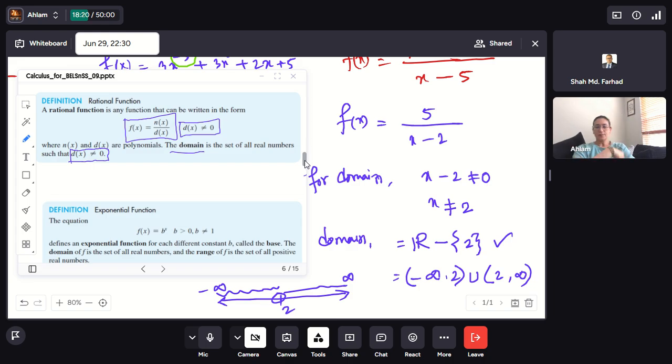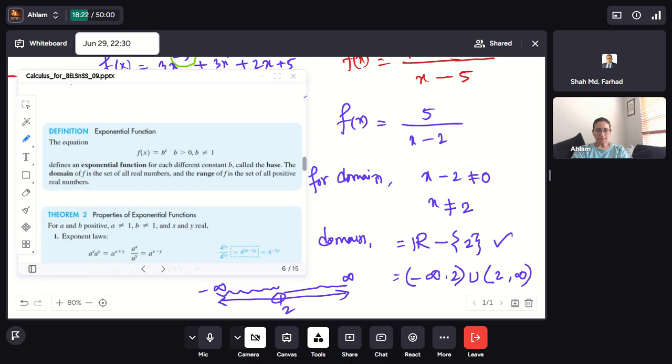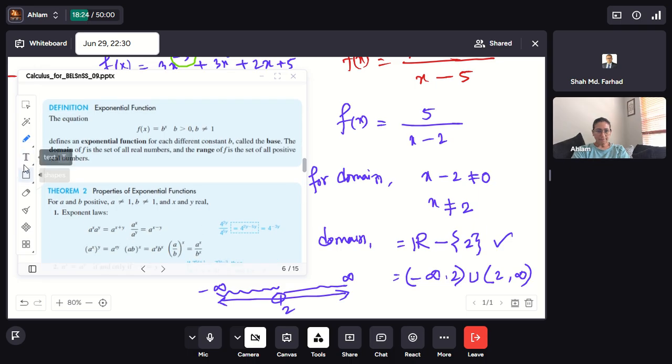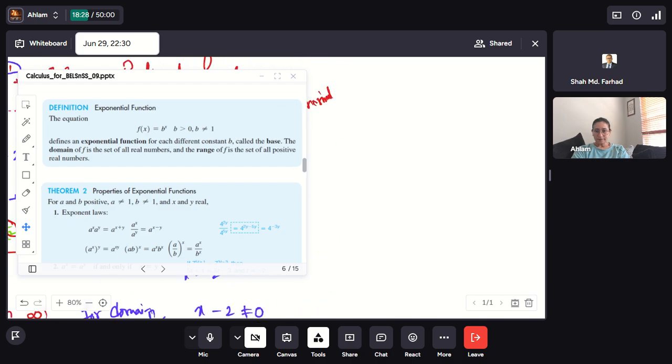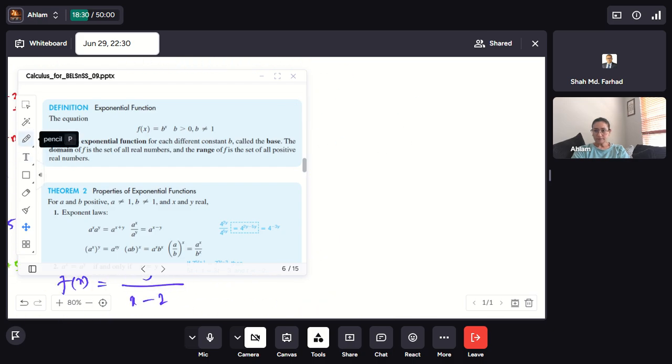And then we move to the exponential function. We just learned about polynomial and rational functions, and now we are moving to the exponential function.